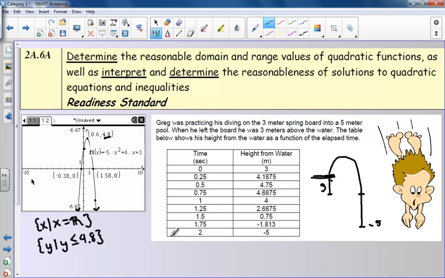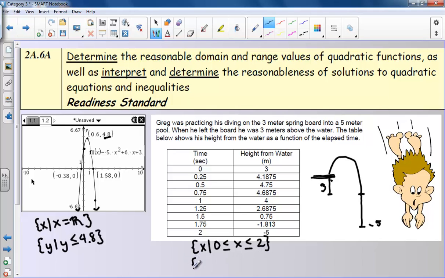But that is not reasonable for my situation, because in my situation time cannot have negative values, so my time has to begin at 0 and it's going to end at 2 seconds, because that's when he hits the bottom of the pool, and so that's when we stop measuring. So my reasonable domain is going to be everything from 0 to 2 seconds.